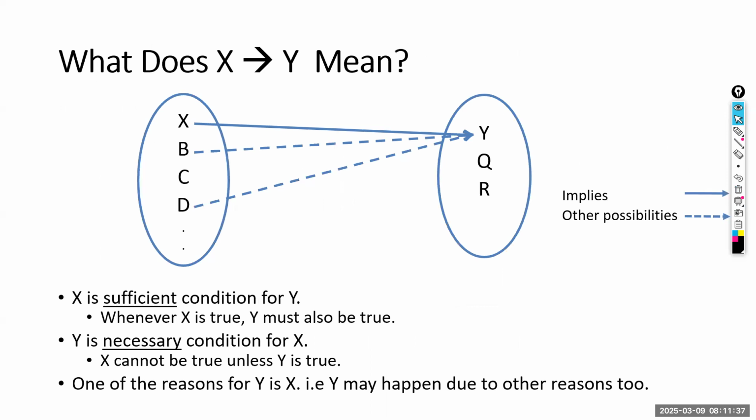This is a little bit more descriptive explanation of what is meant by if X then Y in formal logic. When we say if X then Y, X is a sufficient condition for Y to happen. That means whenever X happens, Y must have happened. Do you agree with that?